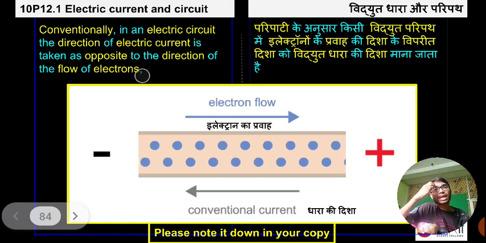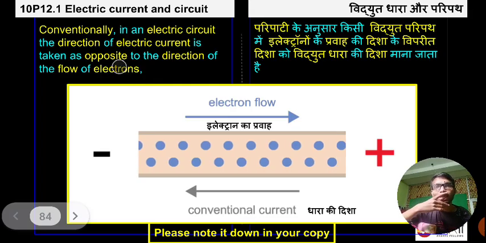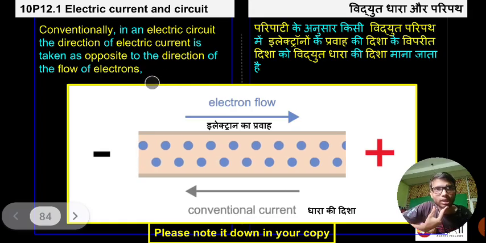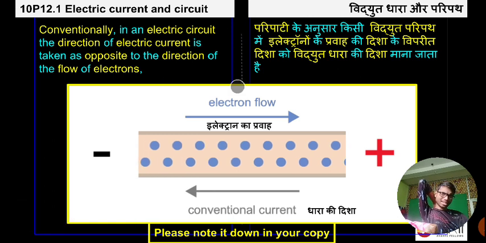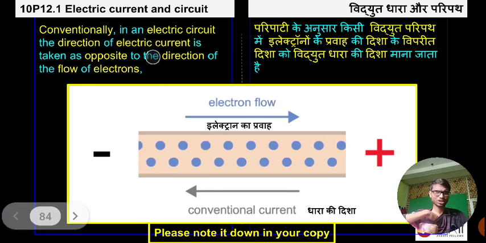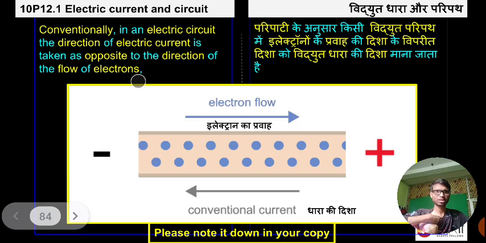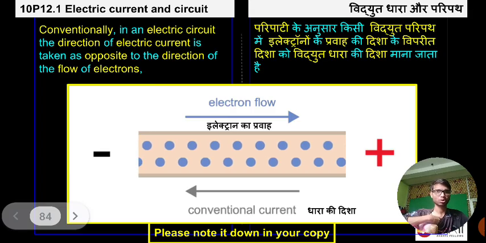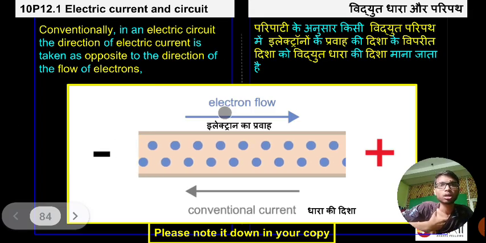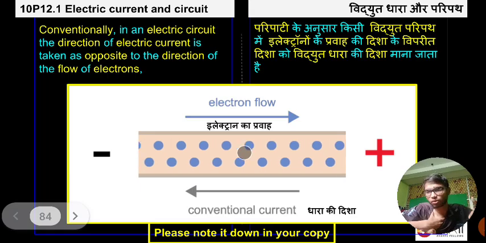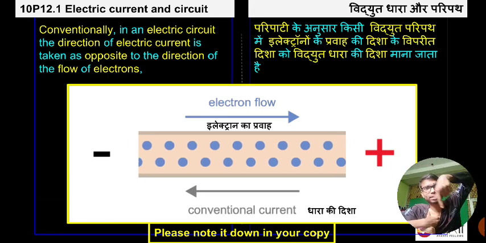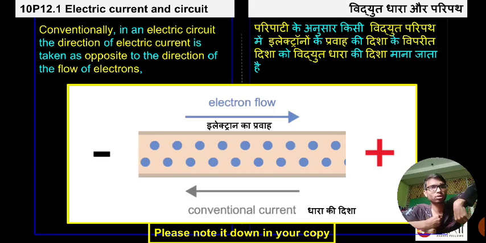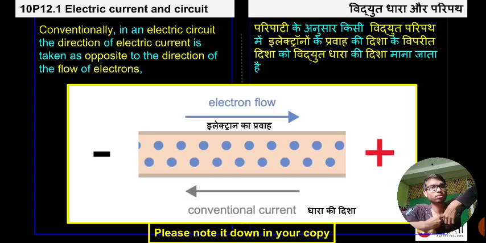Conventionally, in an electric circuit, the direction of electric current is taken as opposite. Yes, we observe that electrons are moving in one direction, but we are saying that the direction of current is just opposite of the direction of electrons.